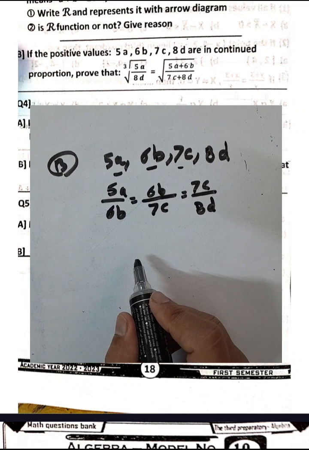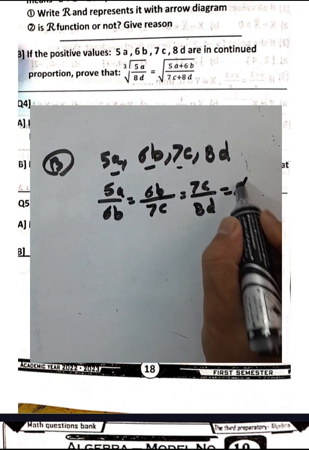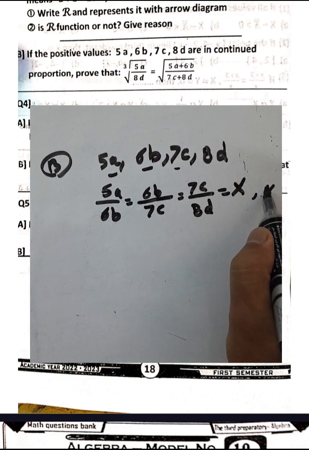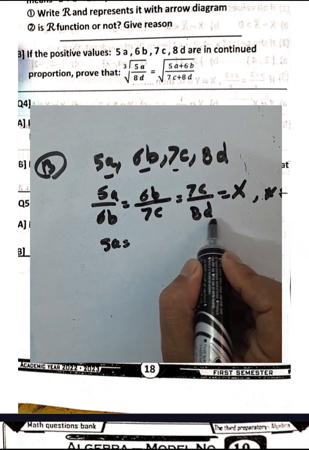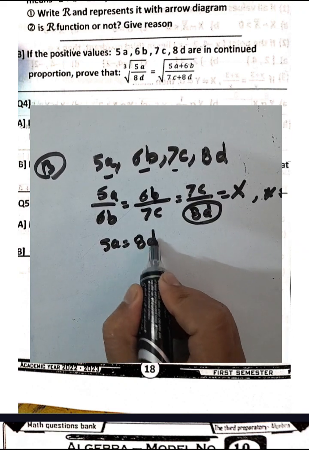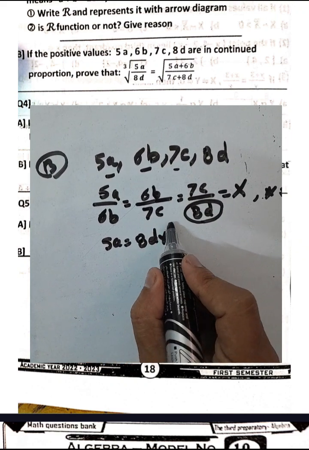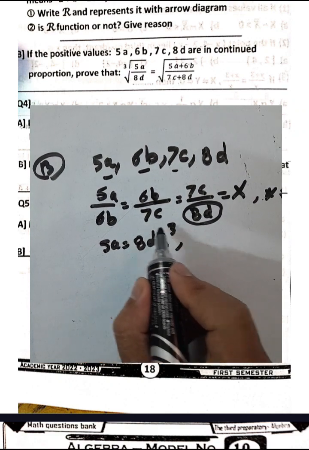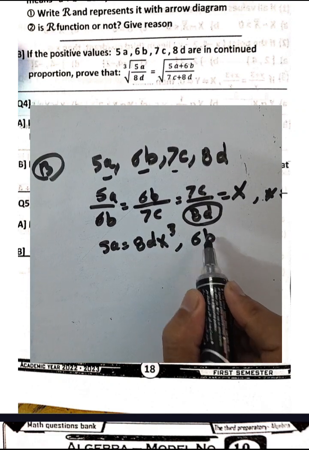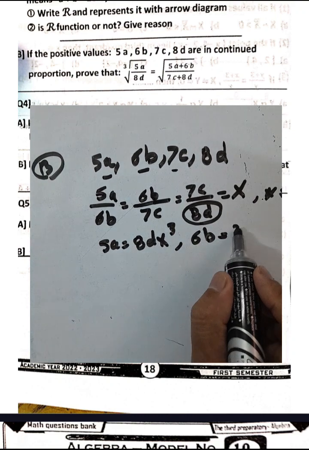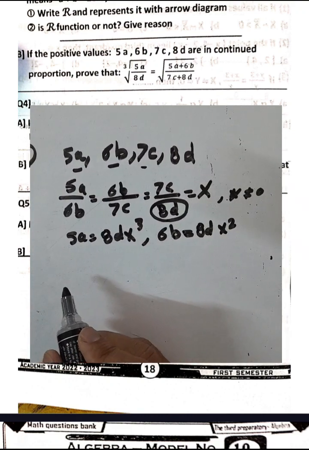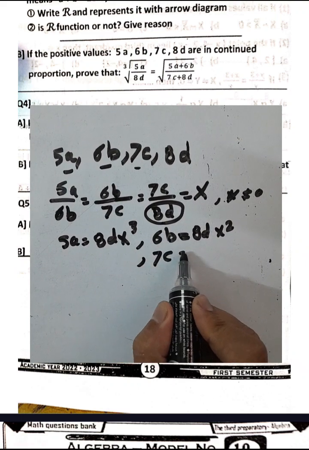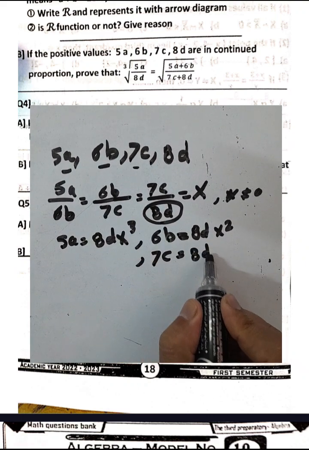Okay, it's continued. We can write here x, with x not equal 0. Then 5a equals 8d x power 3, and I will put 6b equals 8d x power 2, and 7c equals 8d x.